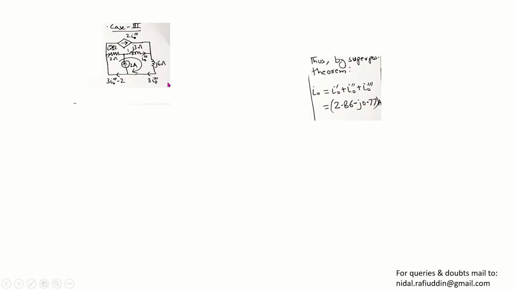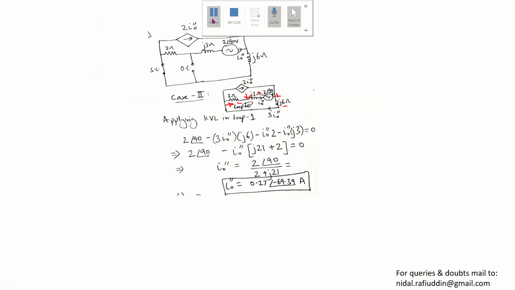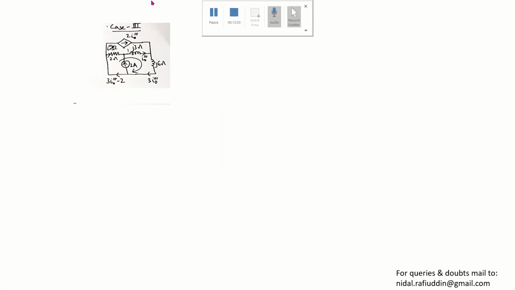Likewise, in the third case, we have this source of 2 ampere, and we short circuit the remaining 2 voltage sources, and what we are left with is this circuit. Now if we write the values of current, I naught triple dash is the current that flows through this j3 ohm, which means that the value of the dependent source would be 2 I naught triple dash.